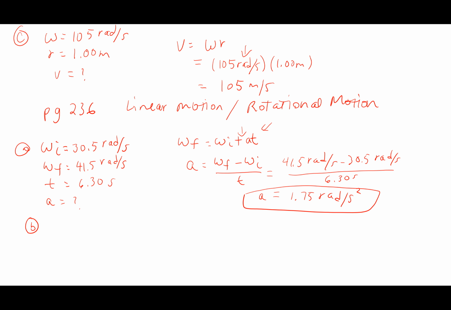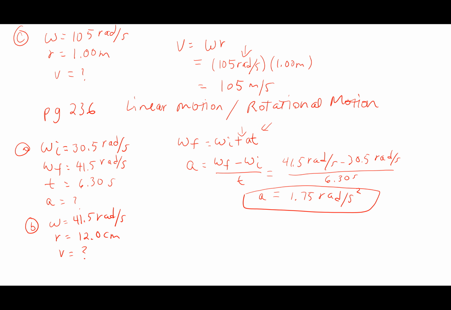Now B says find the final linear speed of the point on its rim. So you're going to use the linear motion equations, okay? So our data: omega equals 41.5 rads per second, r equals 12.0 centimeters, and we're looking for our velocity. So it's asking for the final linear speed of a point on its rim.